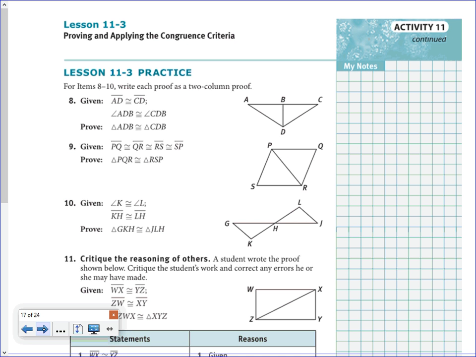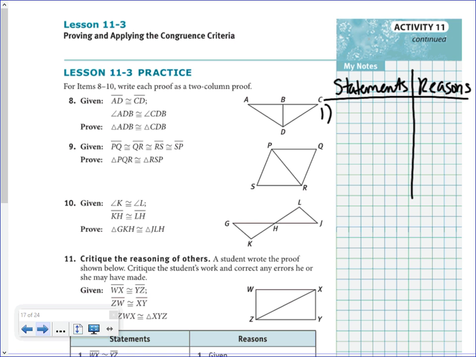We're going to be writing a 2-column proof here. So we're going to start off with our statements and our reasons. Our very first statement is going to be our given information. So AD is congruent to CD.